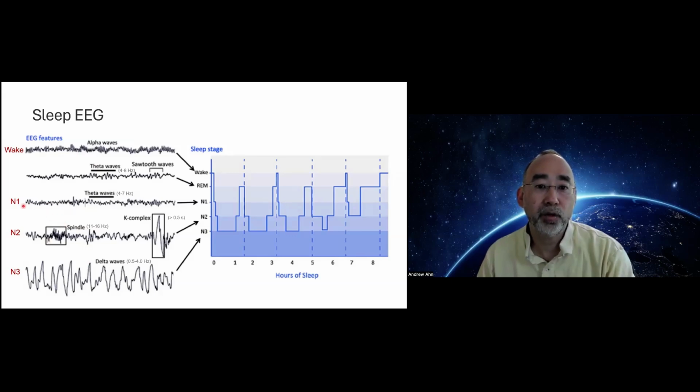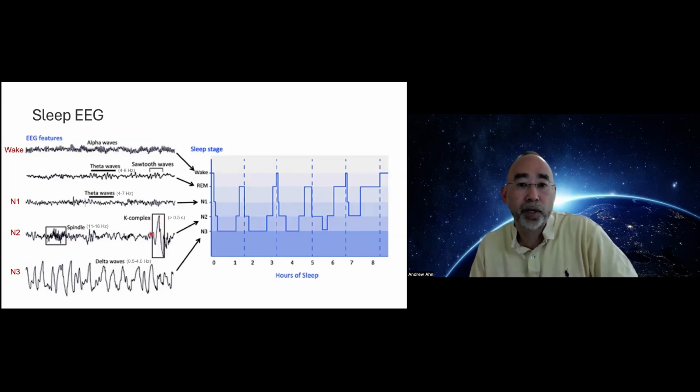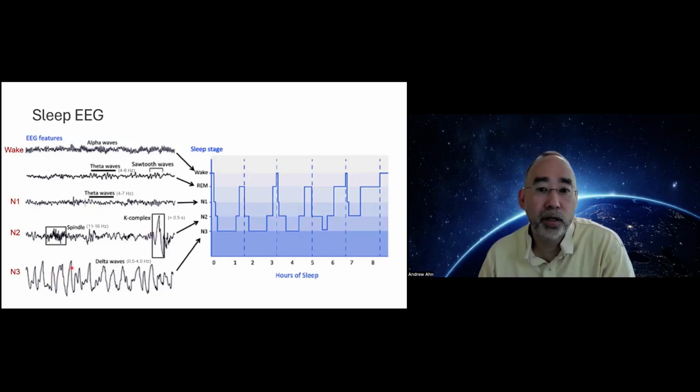Stage N1 shows lower amplitude, mixed frequencies, mainly theta waves at 4 to 7 hertz. Stage N2 is defined by sleep spindles, those brief bursts of faster activity, and K complexes, the large distinctive waves, which are biphasic in nature. And then stage N3, which is deep sleep, is characterized by high amplitude, slow delta waves.